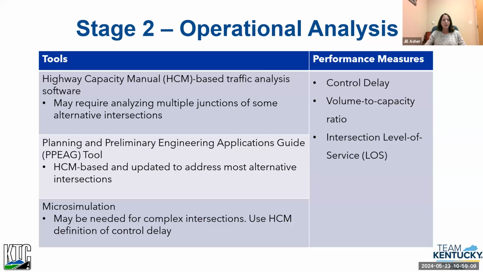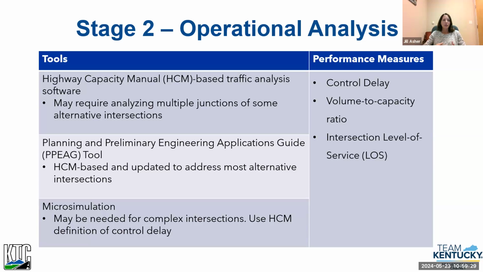Again, that's just one of the software packages that's available. If you're going to use HCS or whatever you're more comfortable with to look at the intersections, then use that software. The performance measures you want to come out with are your control delay, your volume to capacity ratio, and your intersection LOS.